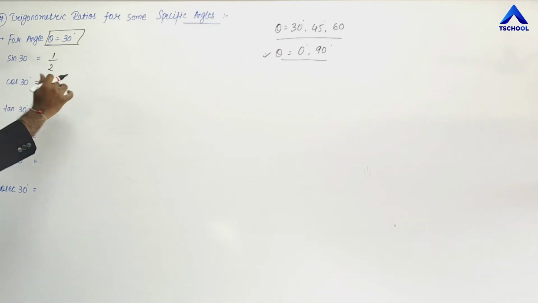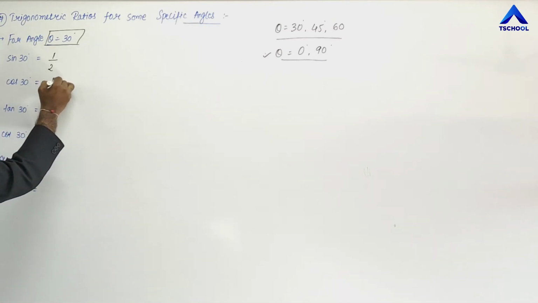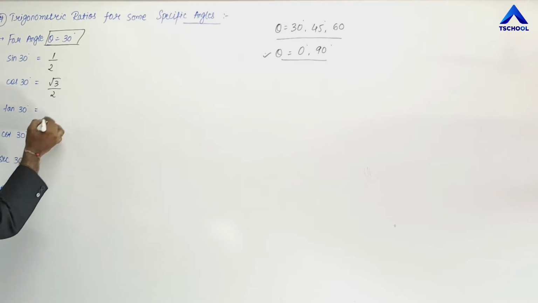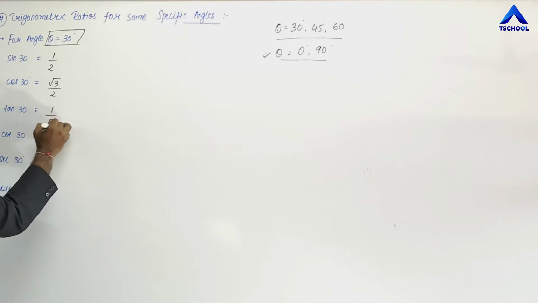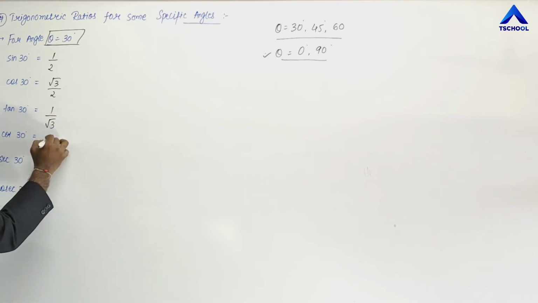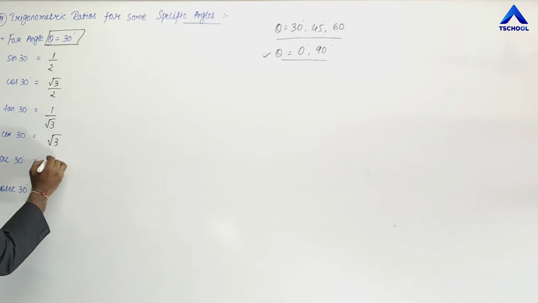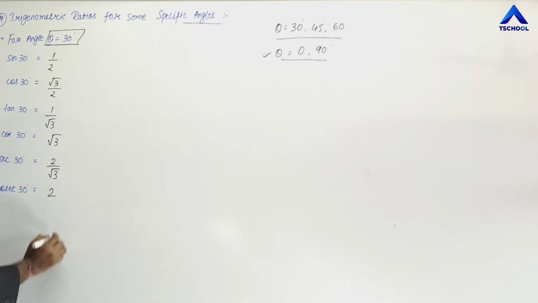That sin 30 was equals to 1/2, cos 30 is equals to √3/2, tan 30 is equals to 1/√3, cot 30 was √3/1 or √3, sec 30 was equals to 2/√3 and cosec 30 is equals to 2. So these were the six values that we have studied for angle theta equals to 30 degree.